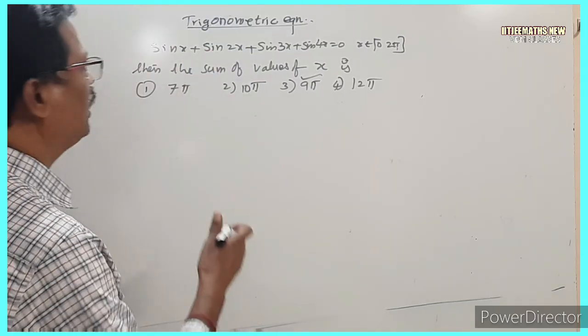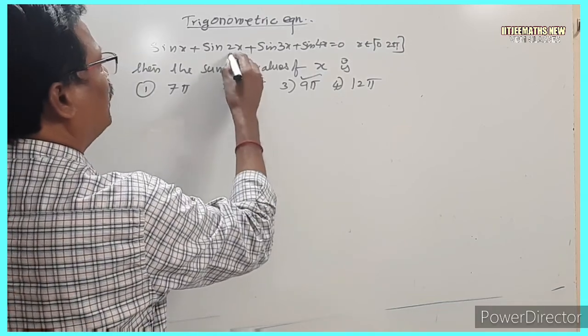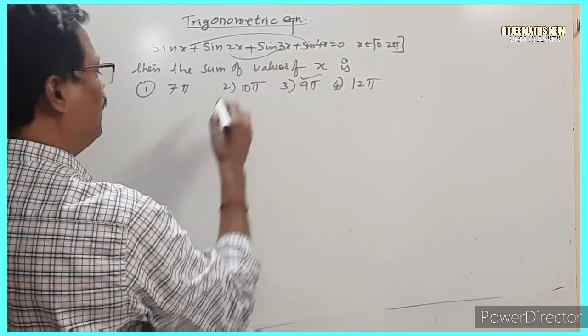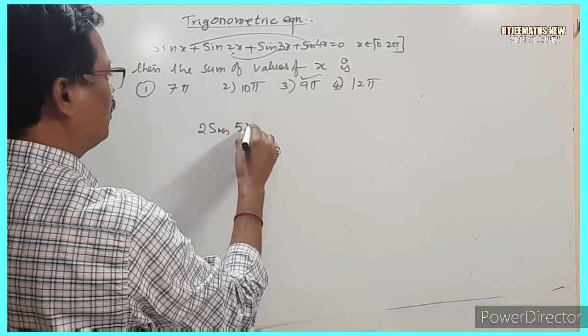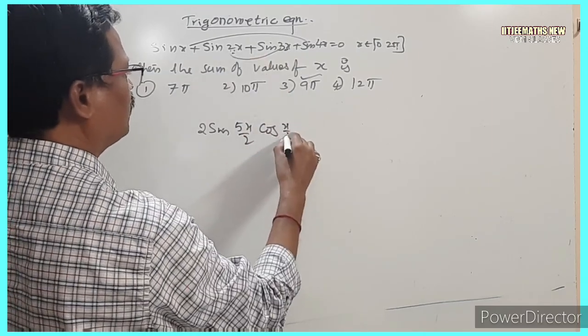Okay. Now let us see. In this trigonometric equation, I am taking these two, combining these two. Sin c plus sin d is 2 sin of (c plus d) by 2, cos of (c minus d) by 2.